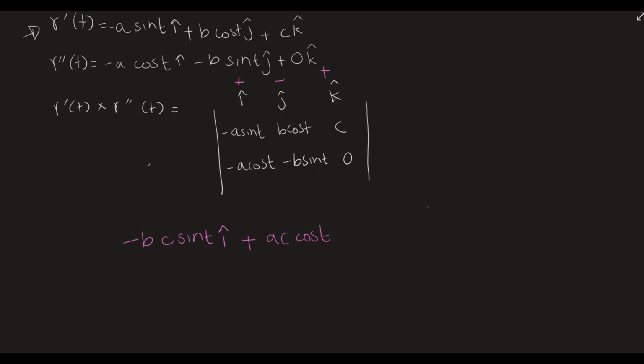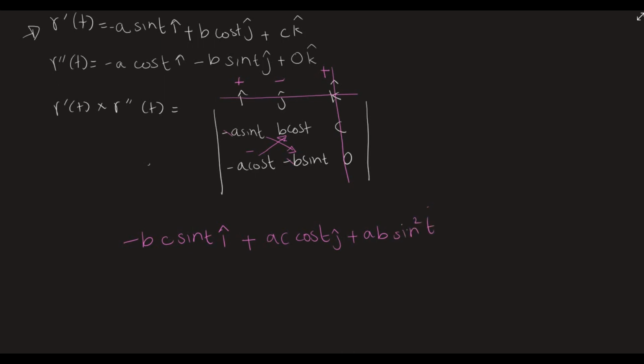Then we cross out the third column and the third row, and we multiply this negative times this. You see the negative cancels out, so we're going to have plus ab, and I forgot the j hat here, sorry, ab sine squared t.